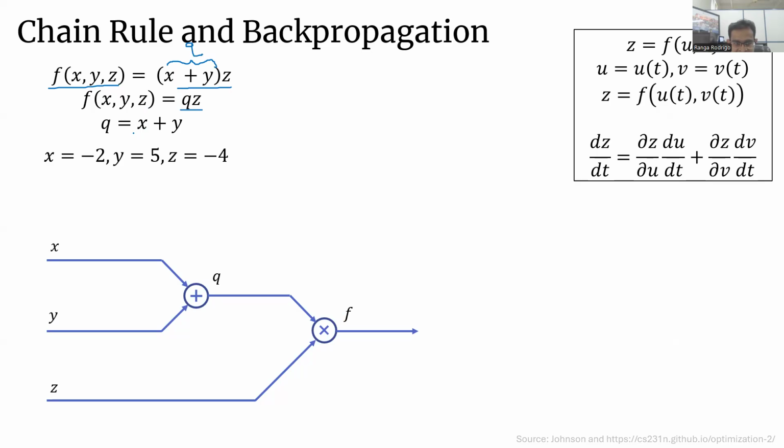Very easy. q itself is x plus y. So let's take these values -2, 5, and -4. Forward pass. x is -2, y is 5, z is -4. What is q? q is this equation x plus y. q is equal to 3.